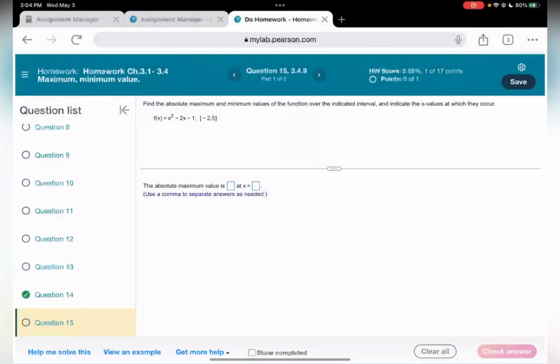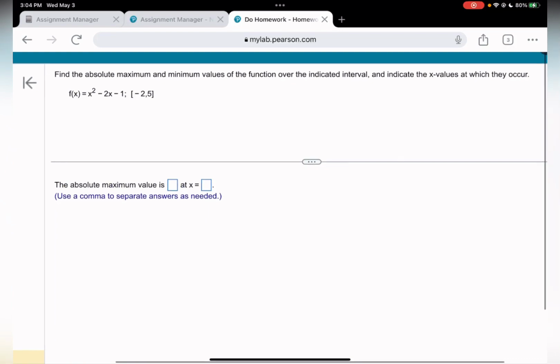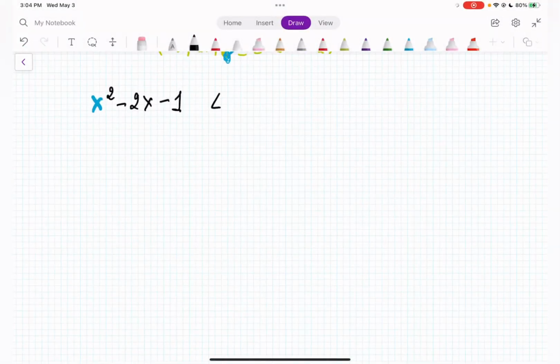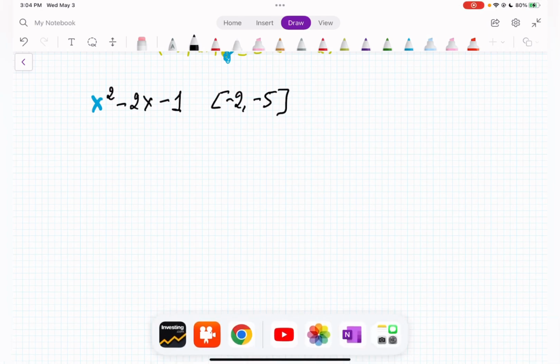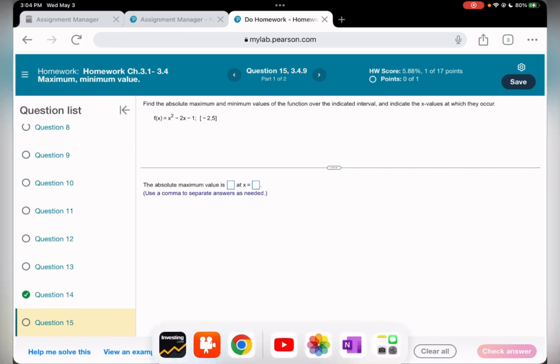And it's going to be on the interval negative 2, negative 5. Let me double check, because usually I can put a wrong interval. Positive 5, see? Okay.